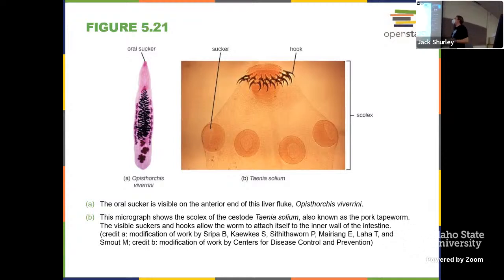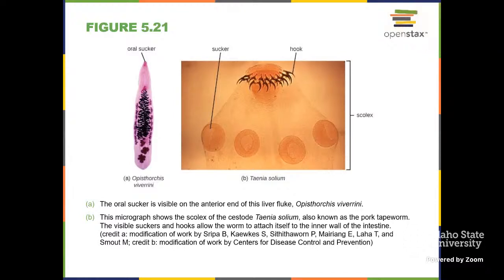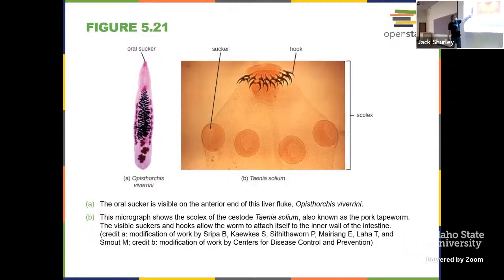The first one, Opisthorchis viverrini, these guys, you can see the oral sucker up at the top. We can see some details within them. It's like the image we were looking at with the flukes and the tapeworms, right? So these guys are flukes, a flatworm. This is a liver fluke. And then next door is our tapeworm, although we're only seeing the very tip of this one. So there are all sorts of potentials.